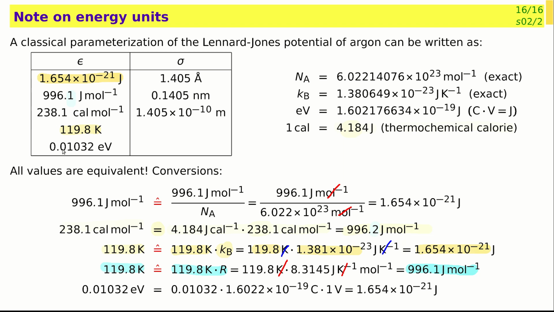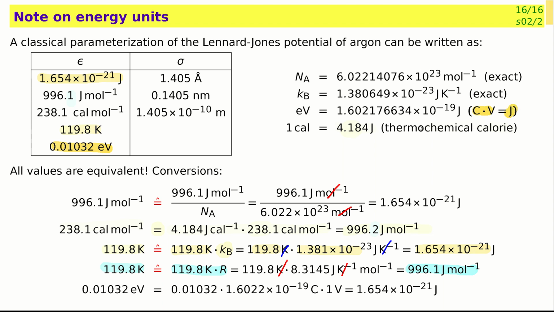And the last unit, which is sometimes used, usually not in this context, but sometimes, is the electron volt. The electron volt is defined as the energy that one elementary charge gets when it goes through a potential difference of 1 volt. 1 coulomb times 1 volt is 1 joule.